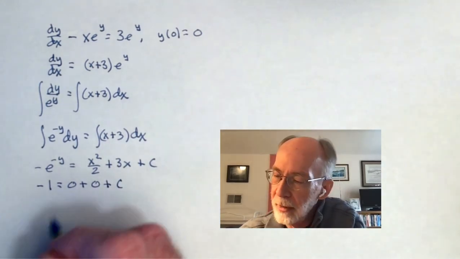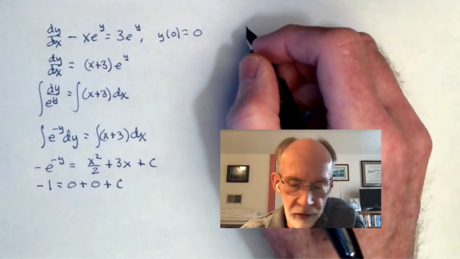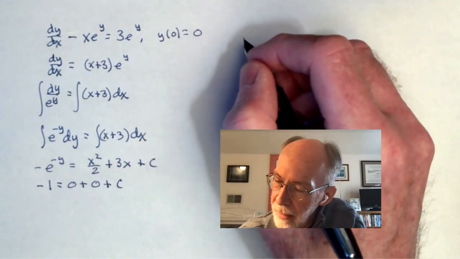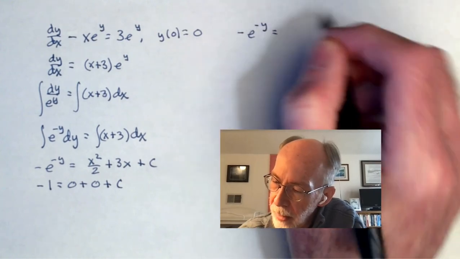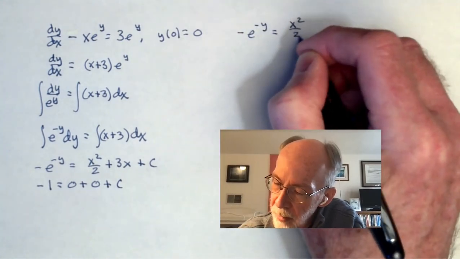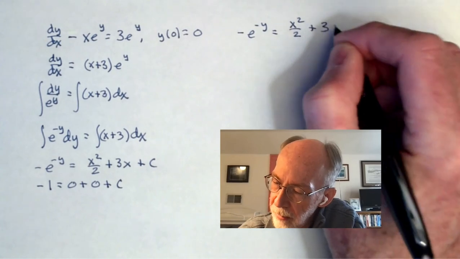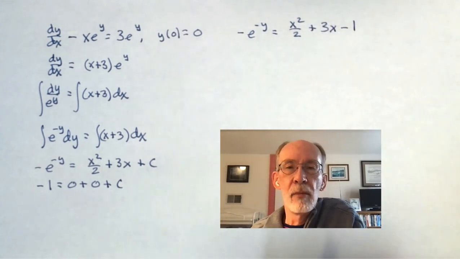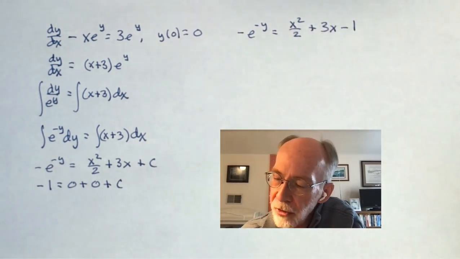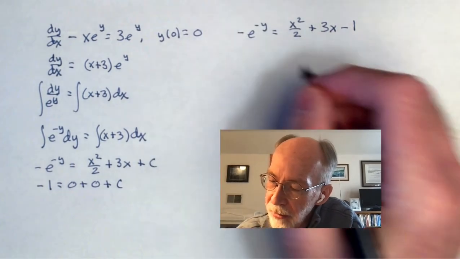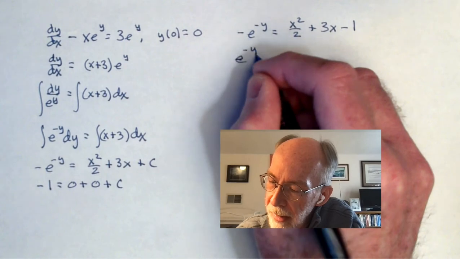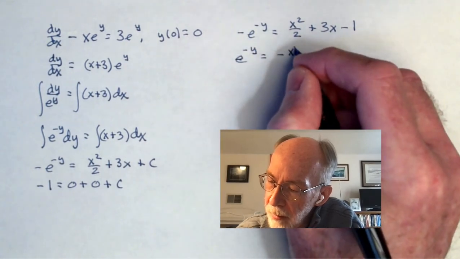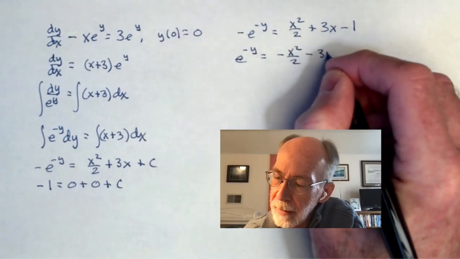And so I guess I'll rewrite this up at the top. So we have opposite e to the opposite y equal to x squared over 2 plus 3x minus 1. We need to solve for y. First thing we'll do is take care of that negative sign out in front. So e to the opposite y is negative x squared over 2 minus 3x plus 1.